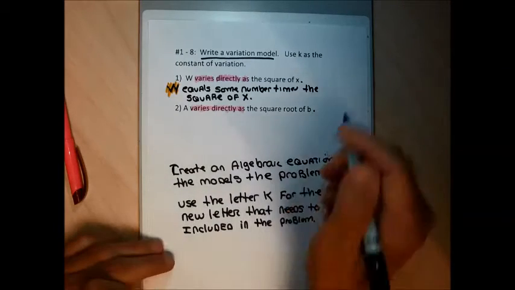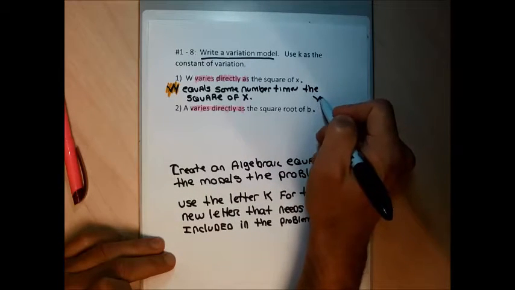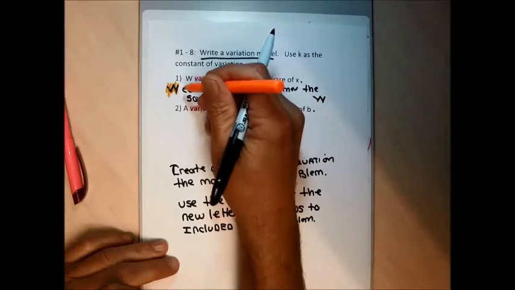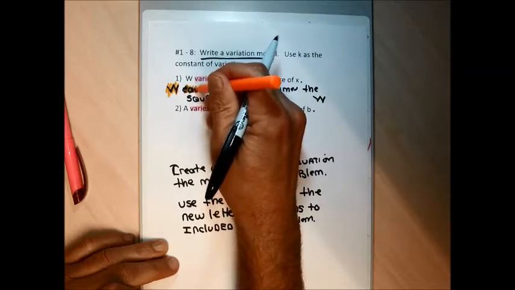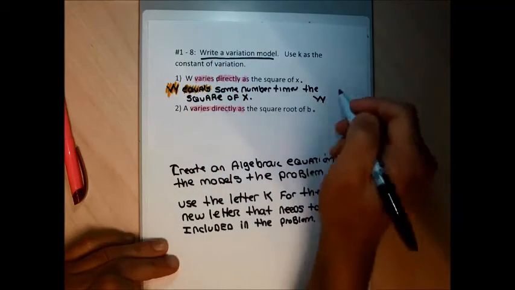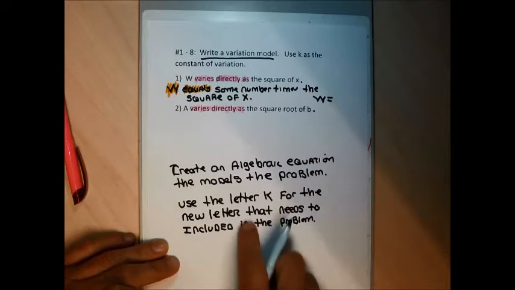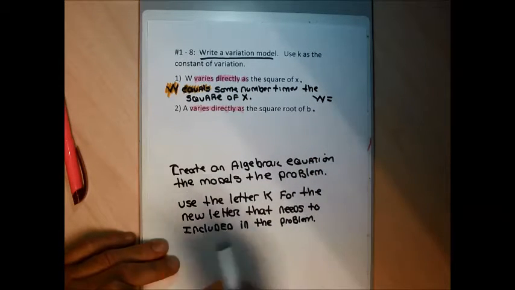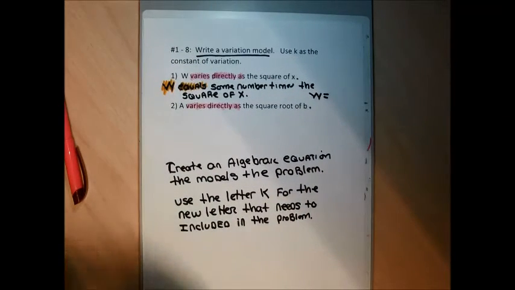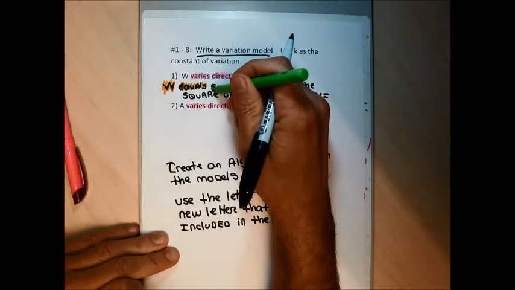W is going to stay W, equals is going to turn into an equal sign, and then there's the "some number." That's the new letter that needs to be included in the problem, and I don't want to use an X, because this problem already has an X.